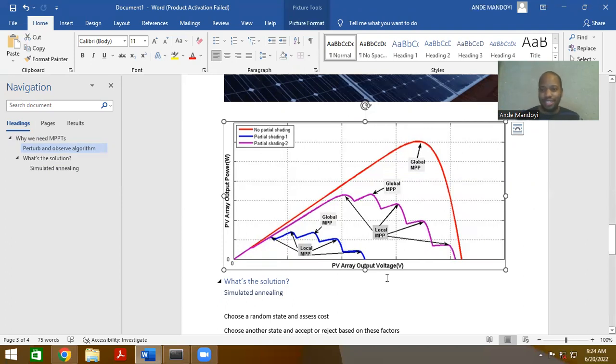So how does this simulated annealing algorithm work? Sounds complicated. Let's first discuss what annealing is. Annealing is a concept from metallurgy, which involves heating up a metal and then letting it cool gradually, that is decreasing its temperature gradually. And by so doing, you're actually alleviating the internal stresses in that metal and you make it stronger.